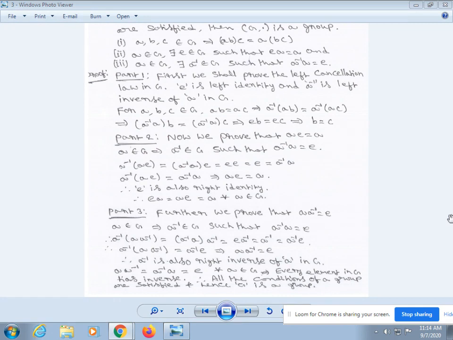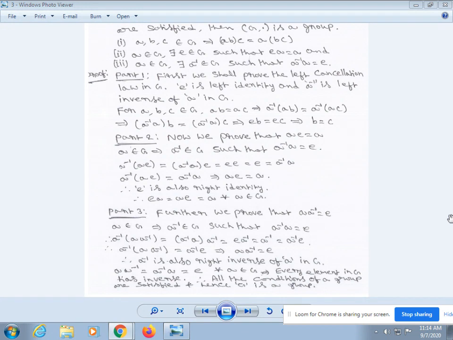Next, part 3. Further, we prove that a inverse a equals e. First, a belongs to G implies a inverse also belongs to G, such that a inverse a equals e. Therefore, a inverse (a a inverse) equals (a inverse a) a inverse. a inverse a is nothing but e, so that equals e a inverse, equals a inverse. That is also equal to a inverse e.